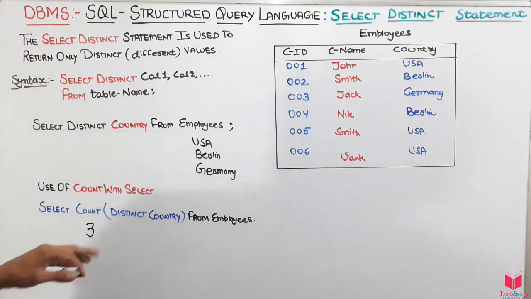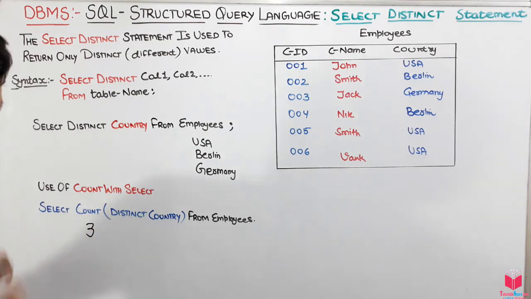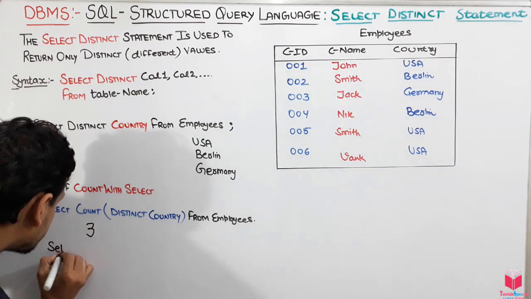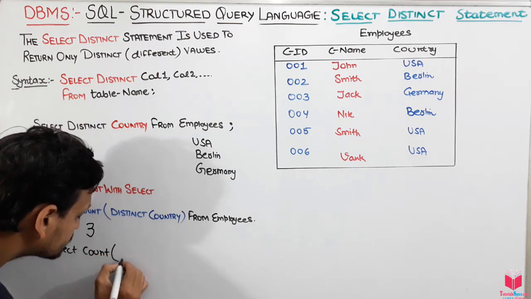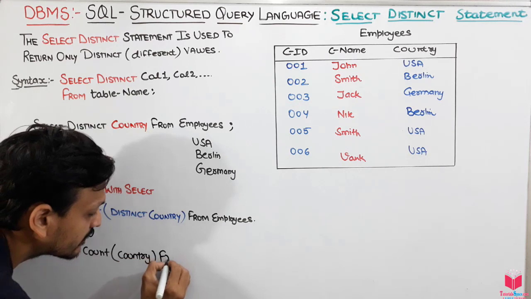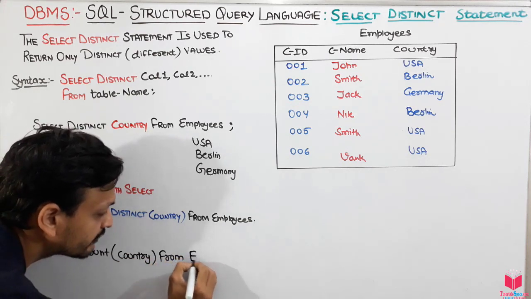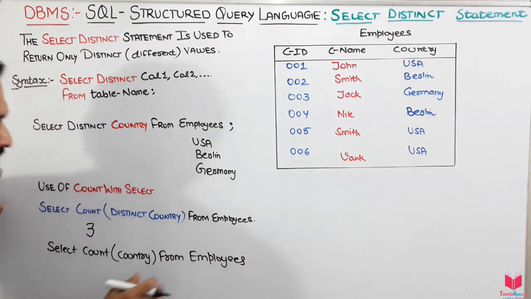We can also use count another way: select count country from employees. So what is the difference between this and this?